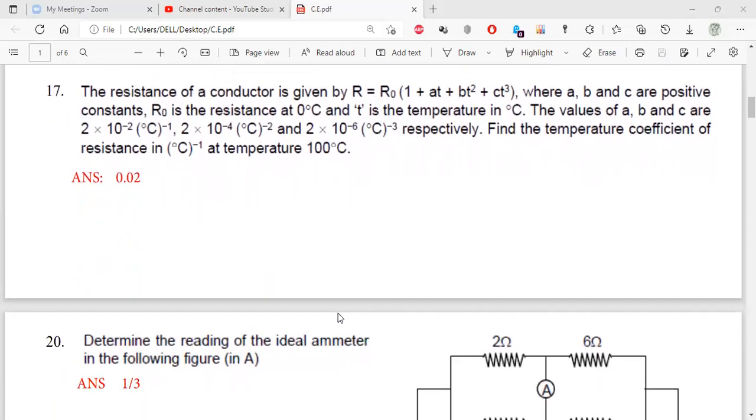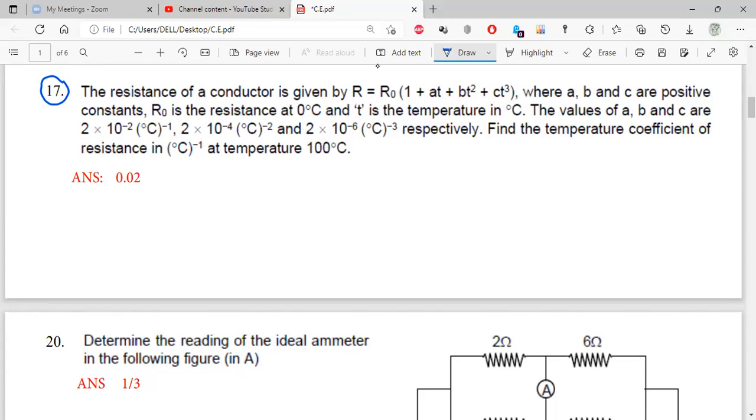Here, look at the resistance type of model. Look at this 17th question. The resistance of a conductor is given as R equals R naught into (1 plus AT plus BT square plus CT cube).